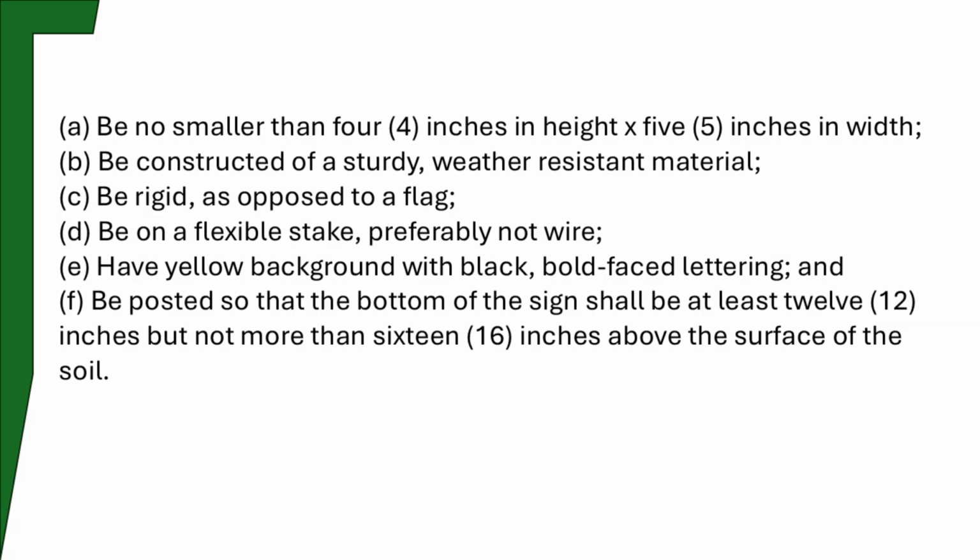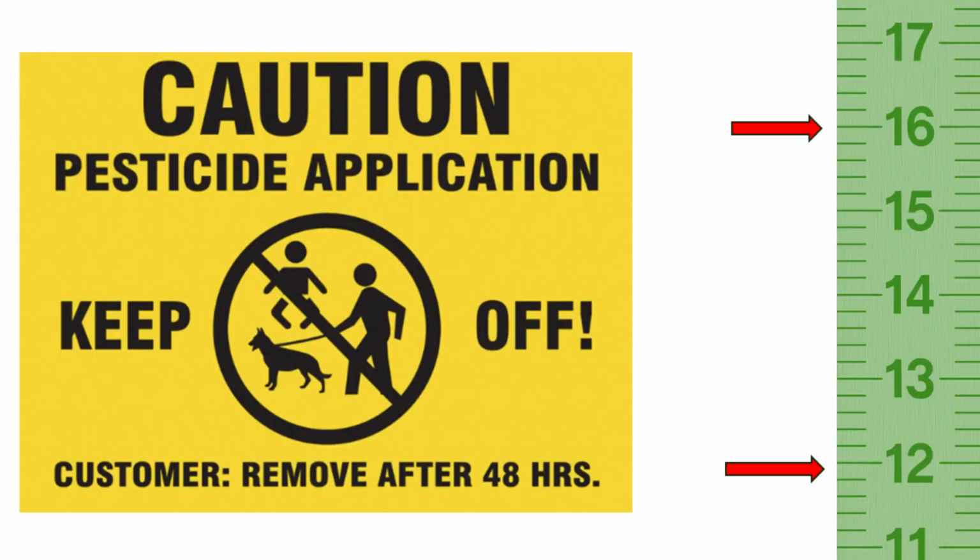E. Have yellow background with black, bold-faced lettering. And F. Be posted so that the bottom of the sign shall be at least 12 inches, but not more than 16 inches above the surface of the soil. The sign must be no less than 12 inches and no more than 18 inches above the surface of the soil.